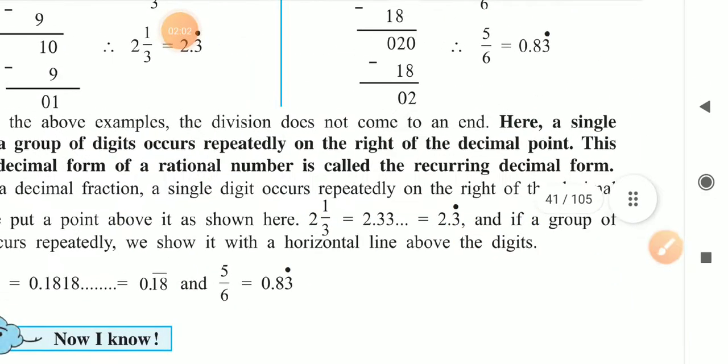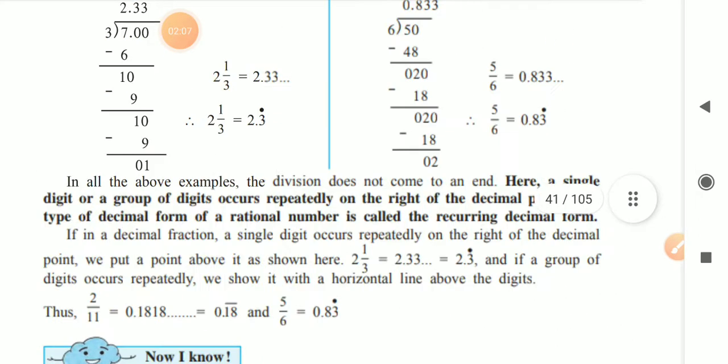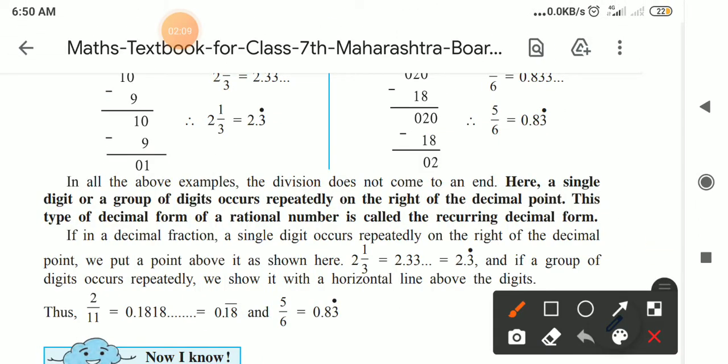See here it is given: in the above examples, the division does not come to an end. Division is not ending when we divide it. In the example we saw here, the division is not ending because 6 is repeating. Here a single digit or a group of digits occurs repeatedly on the right hand side of the decimal point.